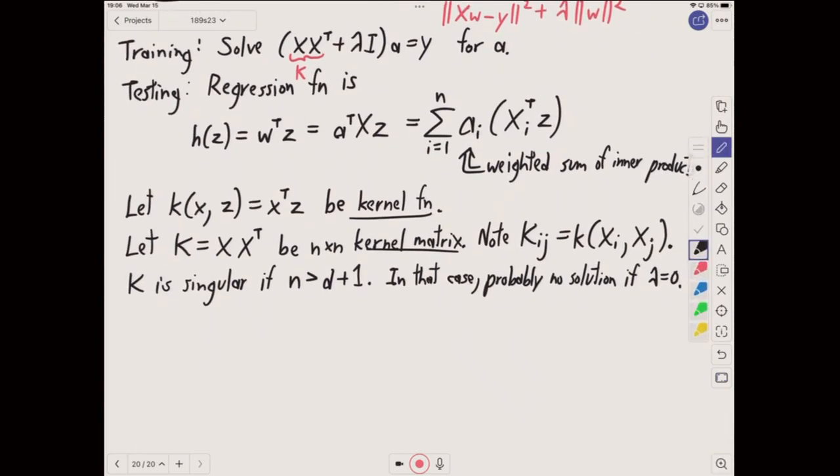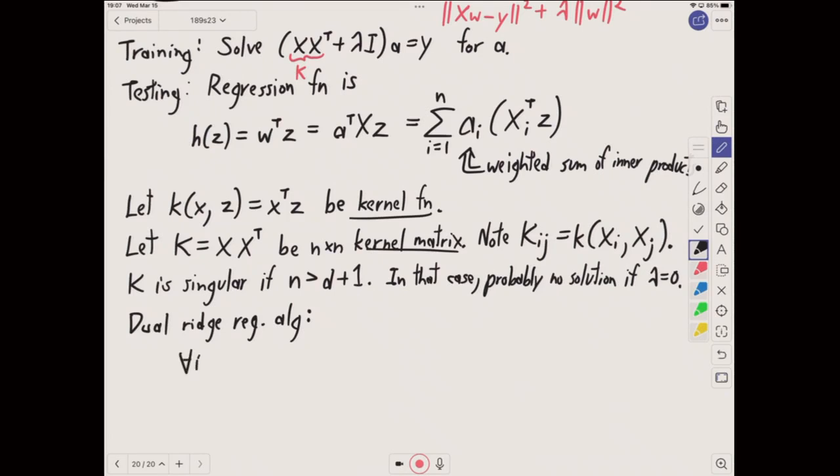All right, the reason why I wrote out this kernel function and this kernel matrix is so that I can rewrite my dual algorithm so that it does not depend on the lifted feature vectors directly, so that I can just write it in terms of the kernel function. So here's how to write the dual ridge regression algorithm using the kernel function.